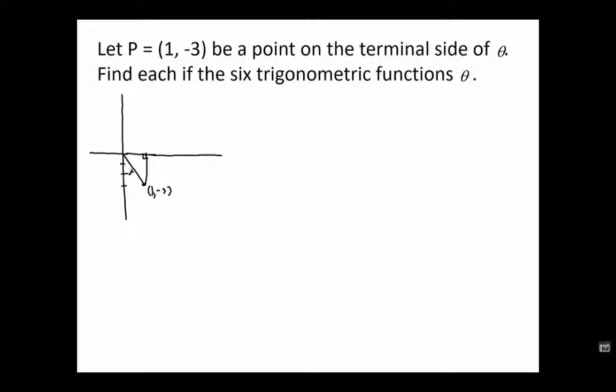This is r, this is x, and this is the vertical distance y. We know that x is equal to 1, y is equal to -3. We need to find r. As we indicated in the definition, r is equal to the square root of x squared plus y squared.